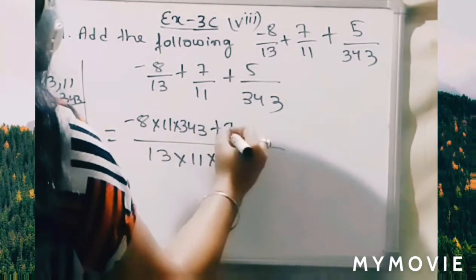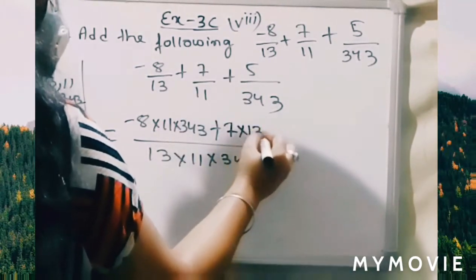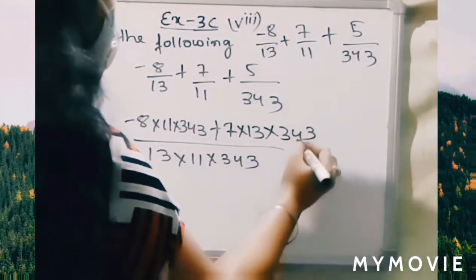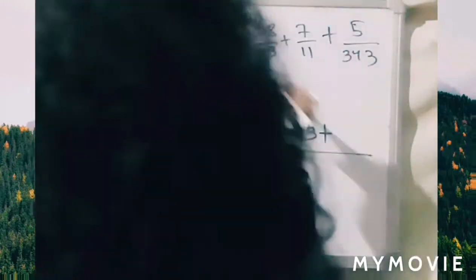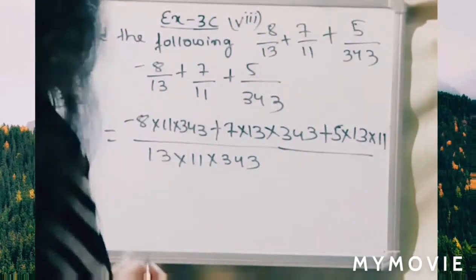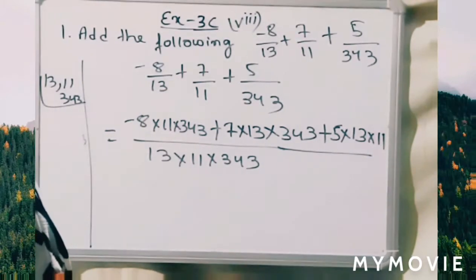Same, 7 will be multiplied with 13 and 343, plus 5 will be multiplied with 13 and 11. Now, in this case, you can see whether you can take the common or not.